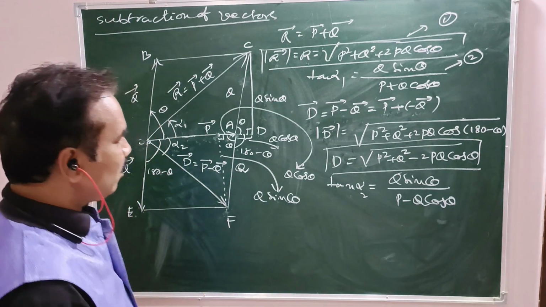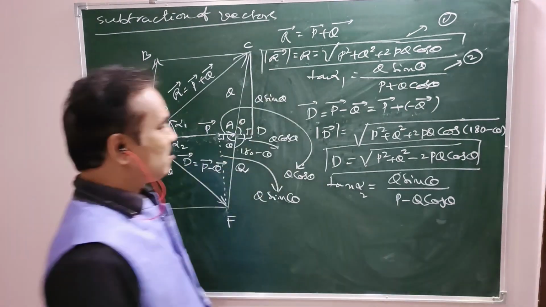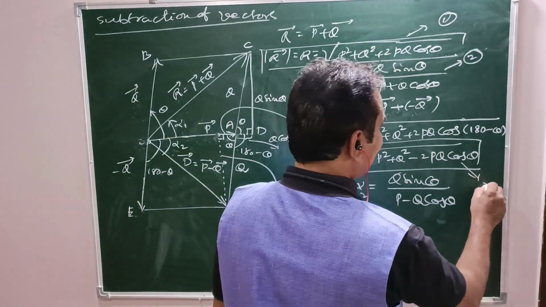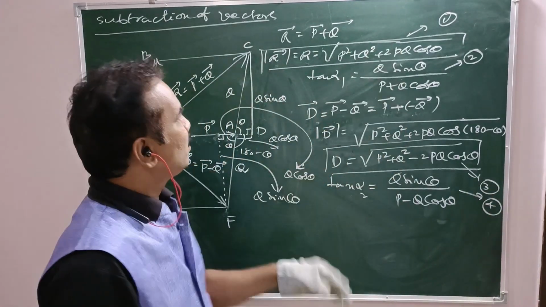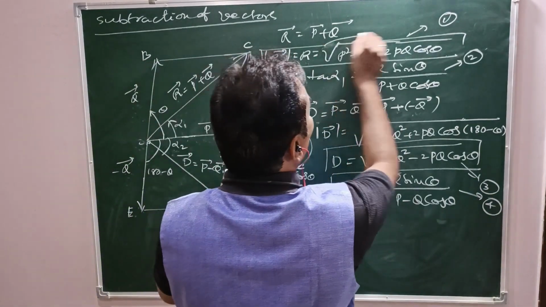Suppose I add these two expressions, this is number 3, this is number 4. So we have numbers 1, 2, 3, 4.